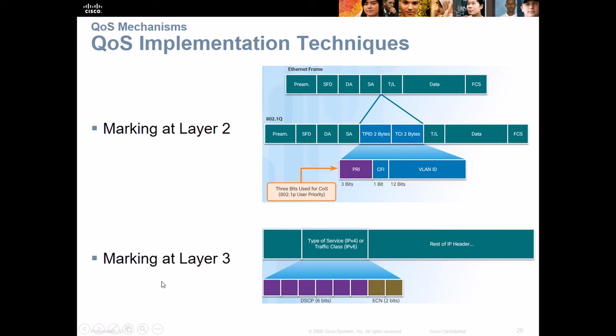At layer 3, you have an 8-bit number. 6 of those bits are for classifications, for the differentiated services code point, and the last 2 bits are for ECN.